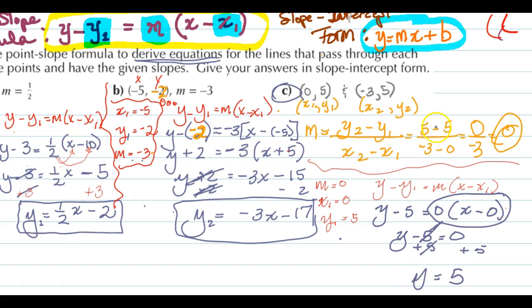Now, what is this equation if it's y equal to a constant? Okay, and by the way, I'm going to put a little subscript of 3 on my y because that'll be my third equation that we want to look at. Okay, so y equal to 5 is what?